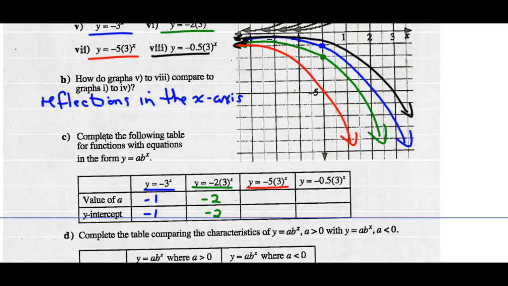Y equals -5 times 3 to the x has an a value of -5 and a y-intercept of -5. And y equals -1/2 times 3 to the x has an a value of -1/2 and a y-intercept of -1/2. All right.